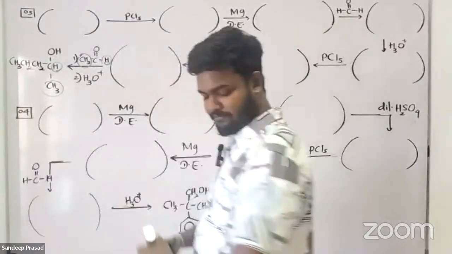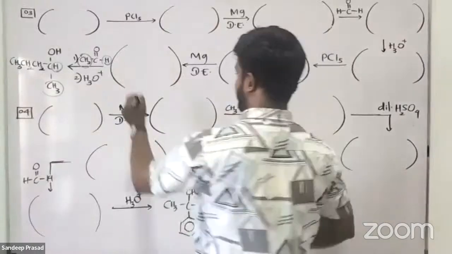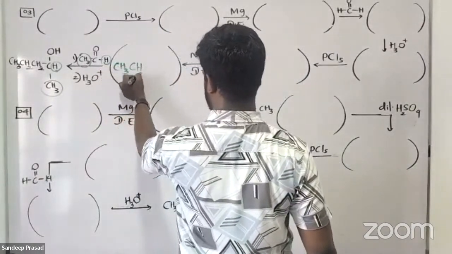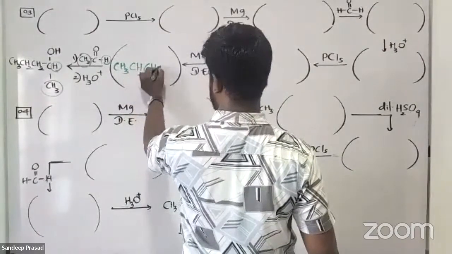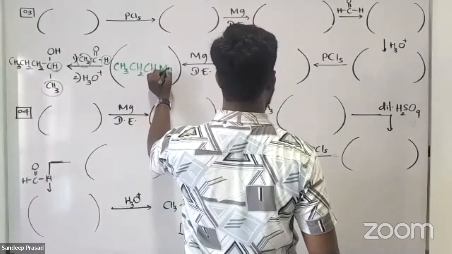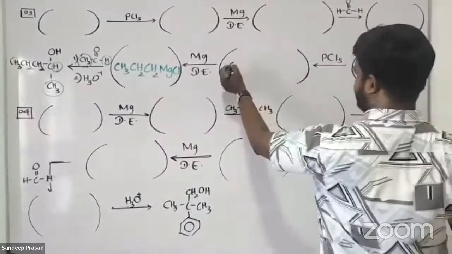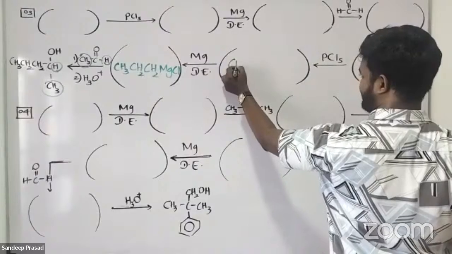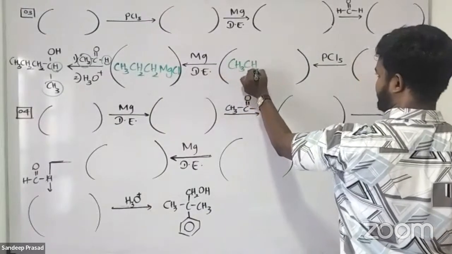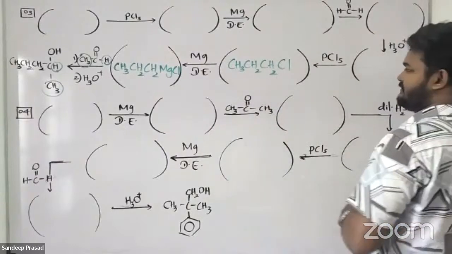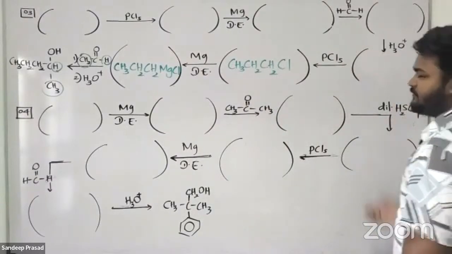Now, that group came from where? The Grignard reagent. So we can put here CH3, CH2, CH2, MgCl. Why? Here they have added chlorine. After the magnesium dry ether, that alkyl halide reacts with magnesium to form the Grignard reagent.